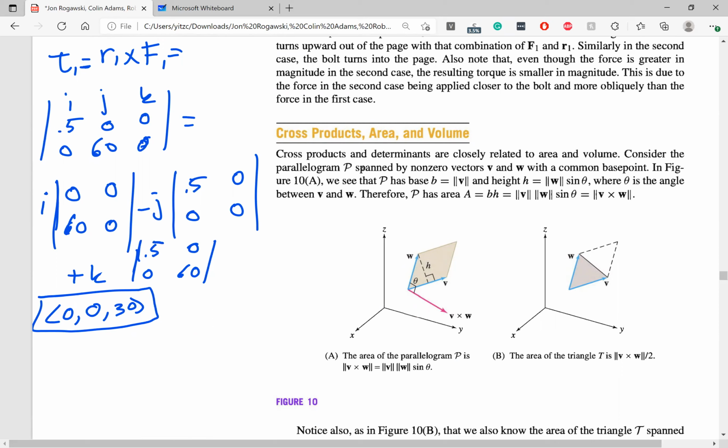So the last thing I want to talk about is how the cross product connects to area. For the dot product, there are two important things that you can do with it. You can find an angle and you can find a projection. Those are the two main things we use the dot product for.